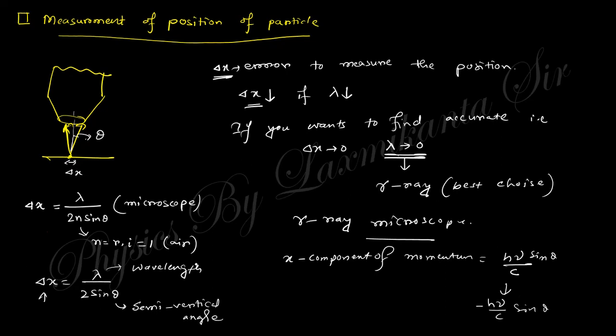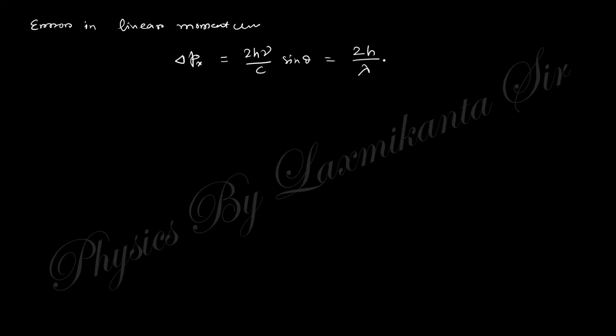So what is the error in linear momentum? Taking this as the x-axis, delta px is 2 h nu by c sine theta. Since c by nu is lambda, this is 2h sine theta by lambda.